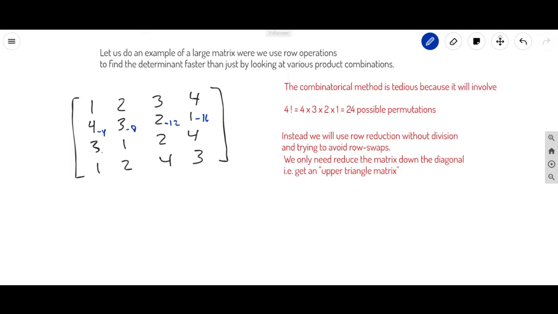Multiply the second row by -3: -3, -6, -9, -12. And then just take the negative of this row: -1, -2, -4, -3. And when you do that, the new matrix that you get, not technically reduced yet, but the more reduced matrix, would be this.